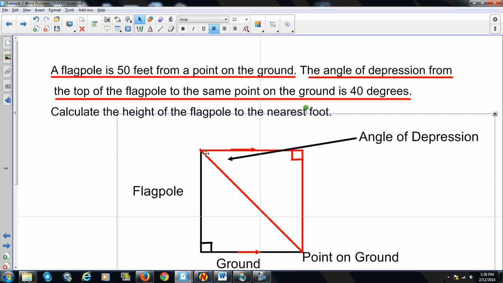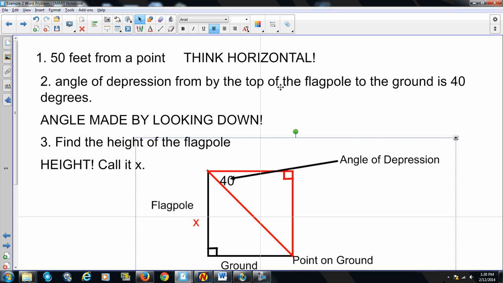Its horizontal is going to go out like this. But we're told that it creates an angle of depression to a point on the ground right here. So just imagine the flagpole has eyes and is looking down at this point, and we're creating an angle right here. So we're going to use this angle to find this height.